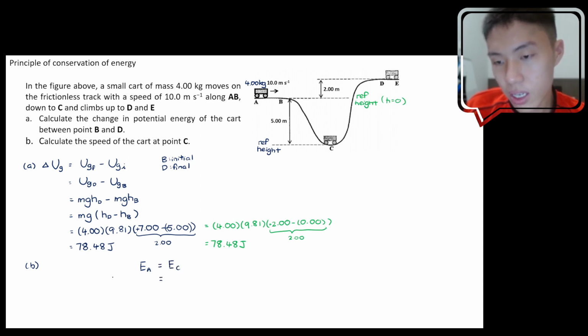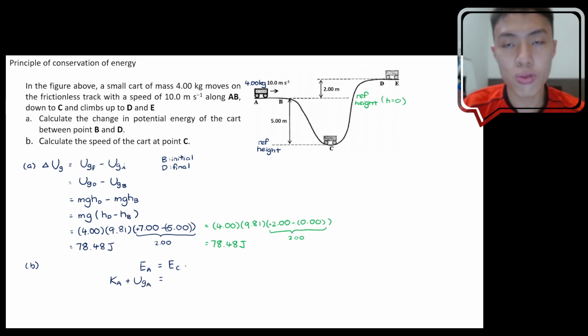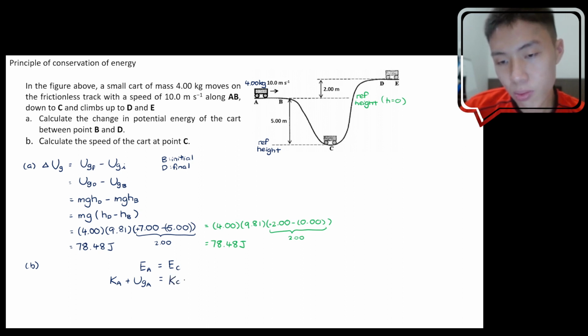Therefore, you can expand the mechanical energy to become the sum of kinetic energy and gravitational potential energy. Because there's no spring, you don't need to talk about elastic potential energy here. You can expand it to become K_C plus U_gC, kinetic energy plus gravitational potential energy.